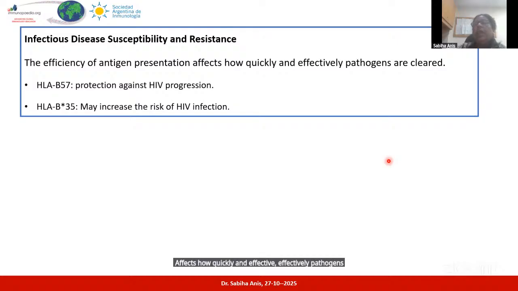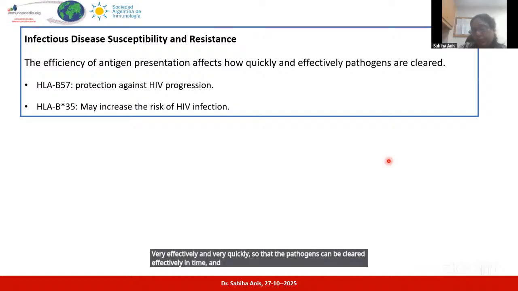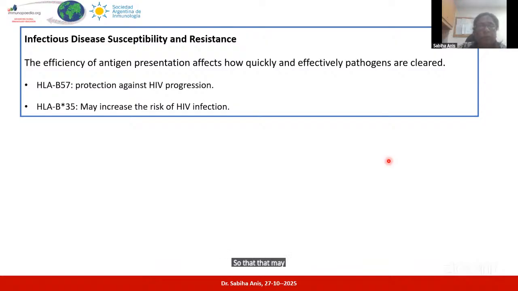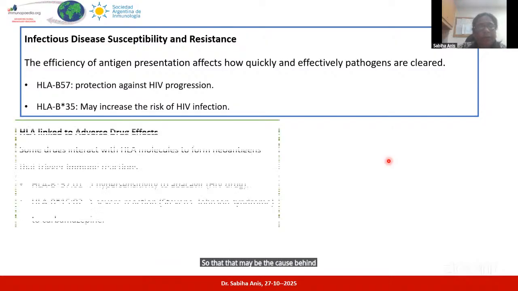Some molecules may process and present these antigens to the T cells very effectively and very quickly, so that the pathogens can be cleared in time, while others may not do so. So that may be the cause behind this phenomenon.